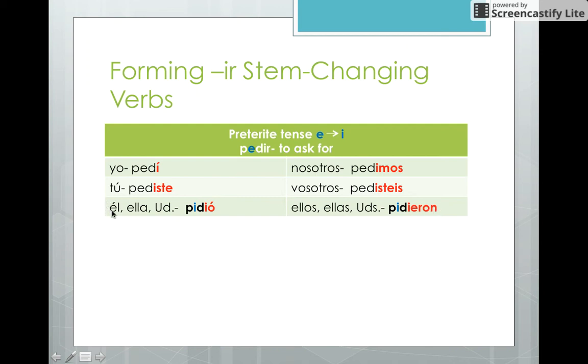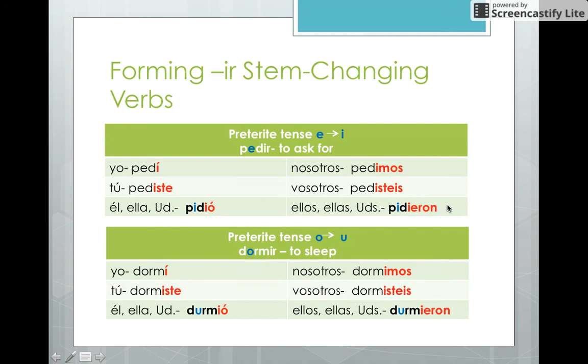So if you notice, instead of having a boot like we did in Spanish 1, we're going to go ahead and do what's called a slipper for Spanish 2 for the past tense. And here's an example for O to U. This time we're going to use the verb dormir. So the O converts to the U in the third person singular and third person plural forms.